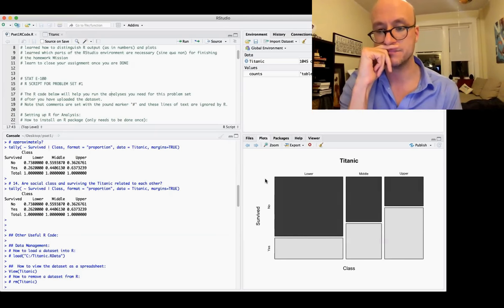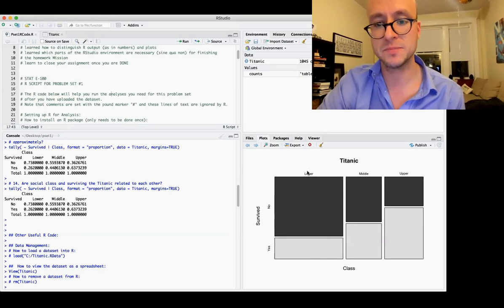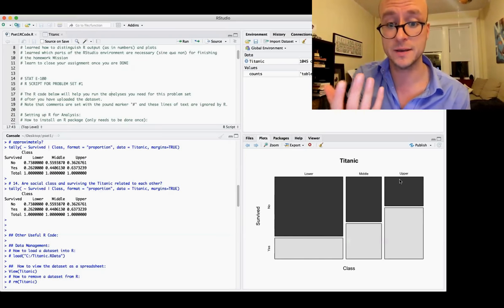Well, what does it tell you? It gives you a sense of the relative proportions of mortality. It gives you a sense of the relative distribution of those categories that expose you to increasing risk of mortality, right, being in the lower class.